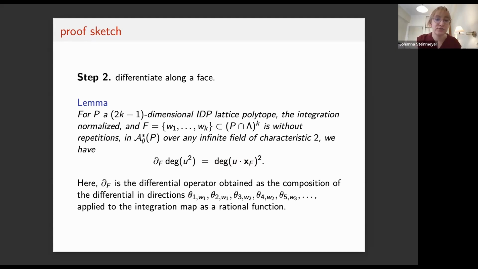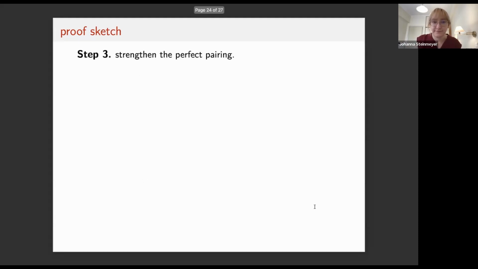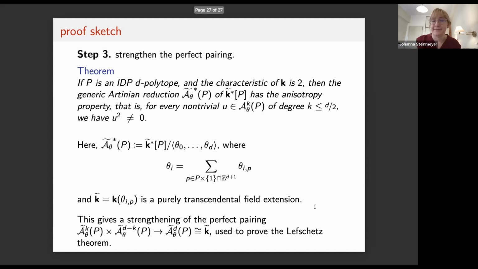So if we choose them as variables that never interact other than being put into the field as an extension, we really get this pairing to never degenerate. And from that, we get Lefschetz, and from that, we get the unimodality. All right, I'll stop here.